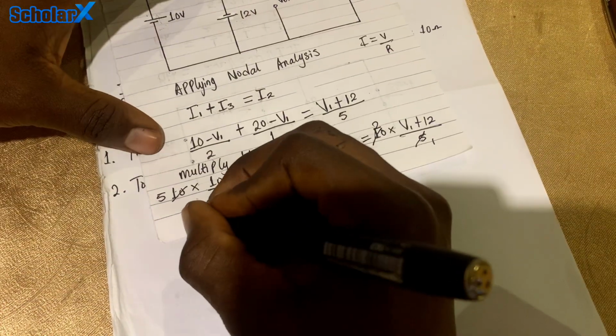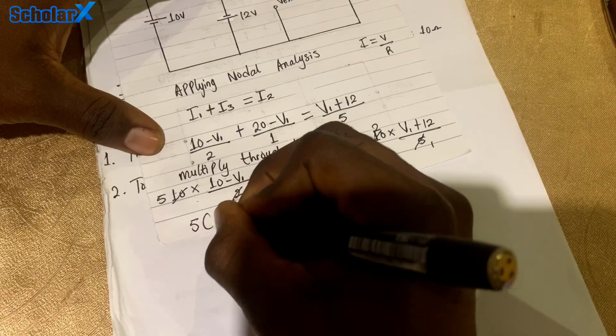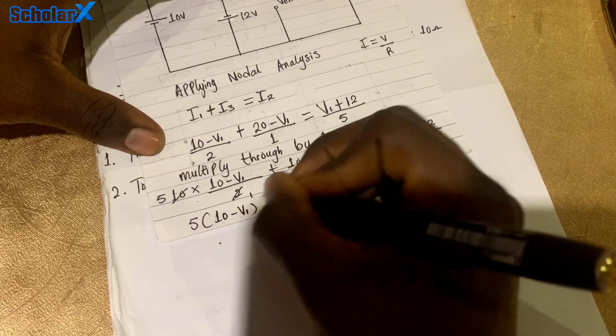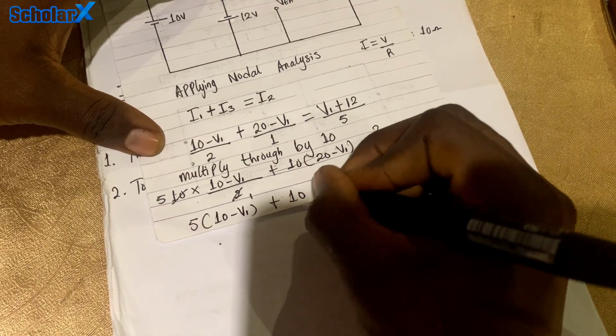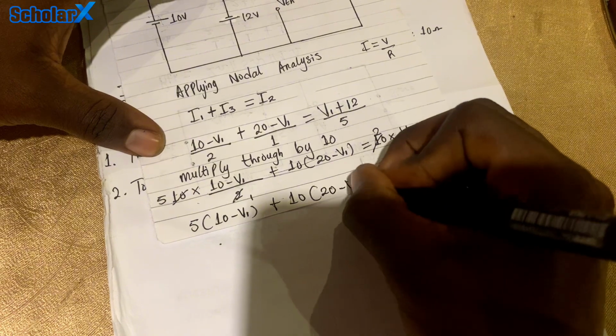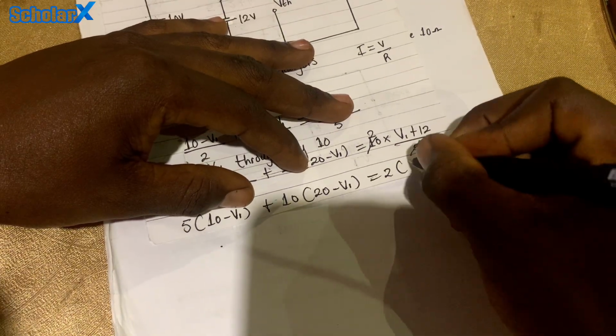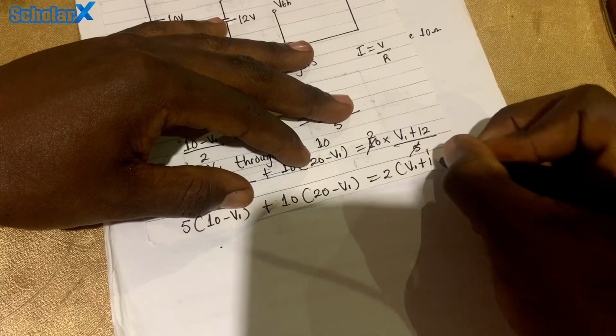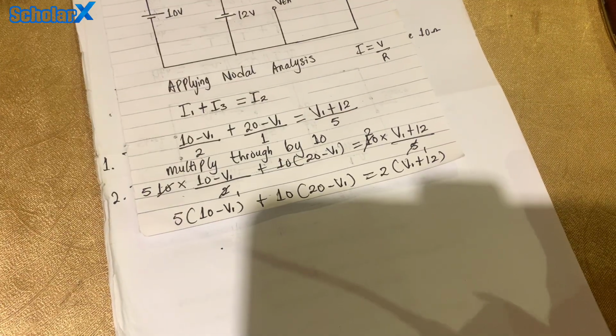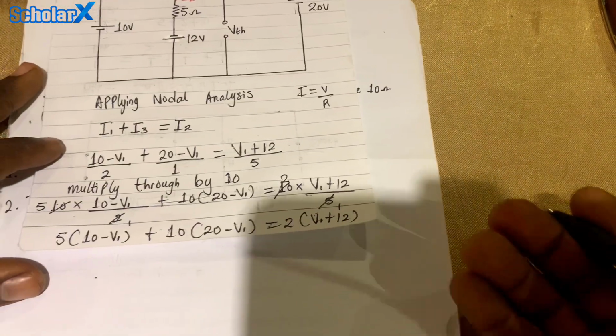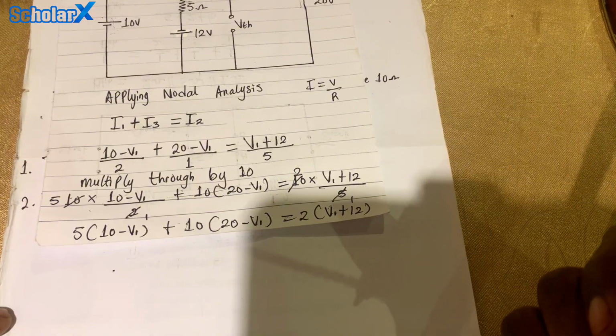So we're going to be left with 5 times (10 minus V1) plus 10 times (20 minus V1) is equal to 2 times (V1 plus 12). That is what we are going to have here. I hope you understand that.